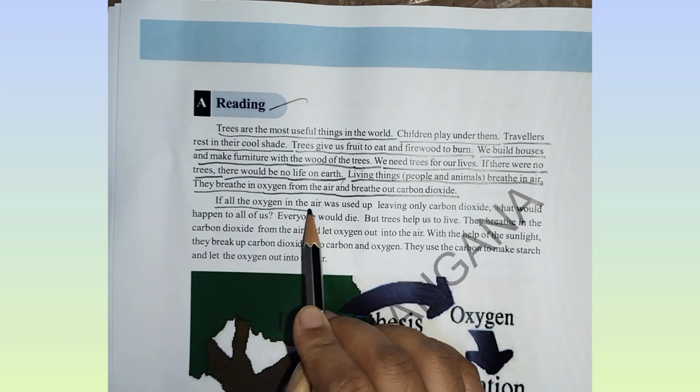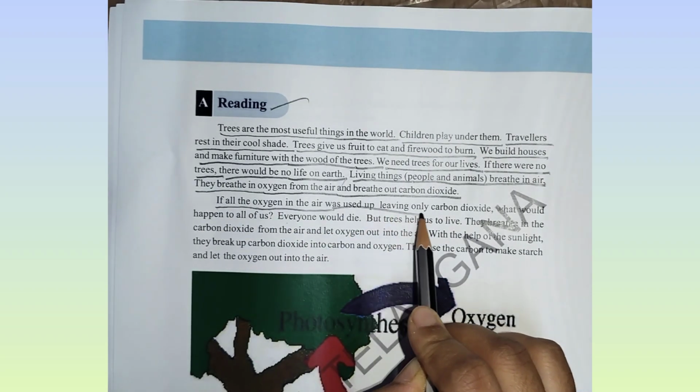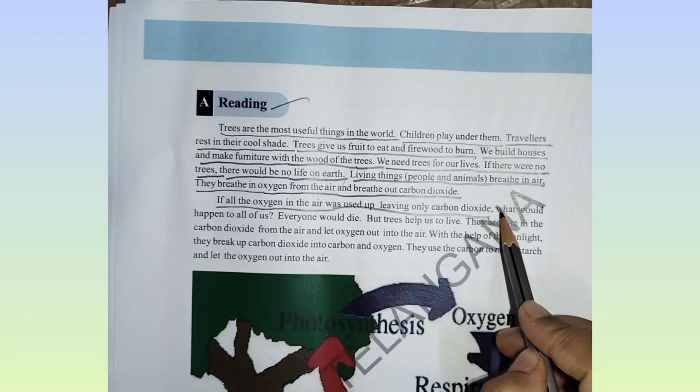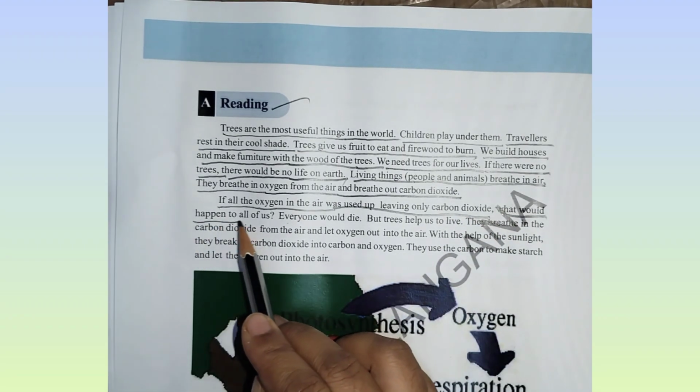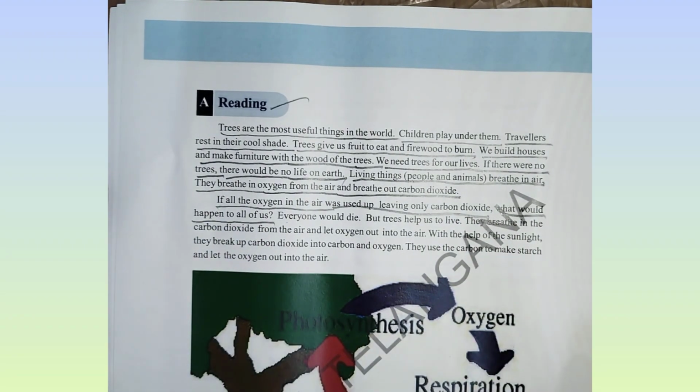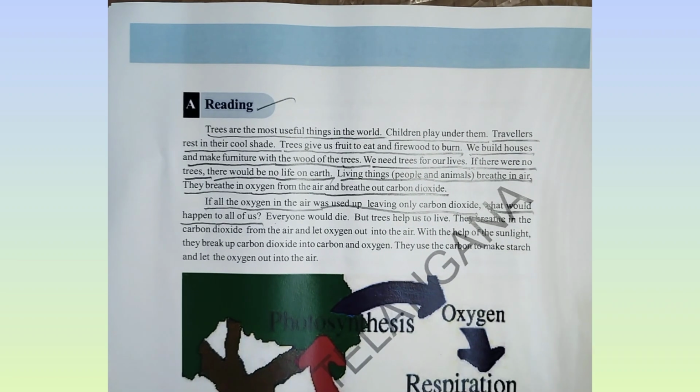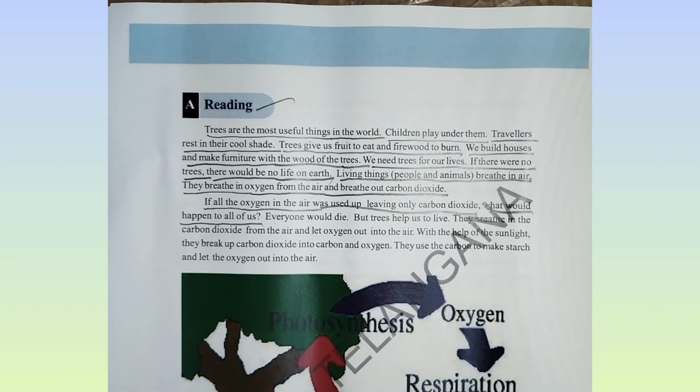If all the oxygen in the air was used up, leaving only the carbon dioxide, what would happen to all of us? Without trees, if we go on cutting the trees, the oxygen will be stopped, because oxygen is produced with the help of the trees only. If we go on taking in carbon dioxide without oxygen, what would happen to every person?